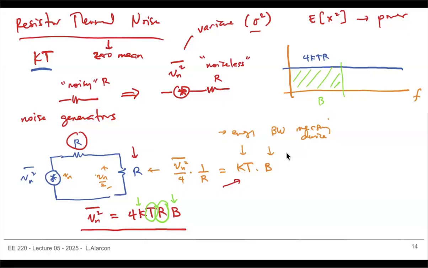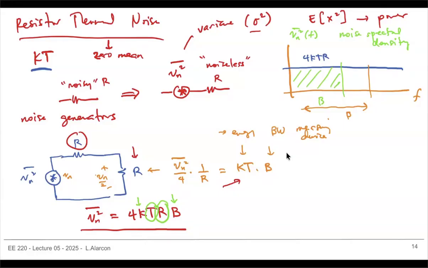So that means I can actually write out what we call the noise spectral density. I can think of this as noise that is spread out over frequency, right? And the higher the bandwidth of my measuring tool, the more noise I measure.